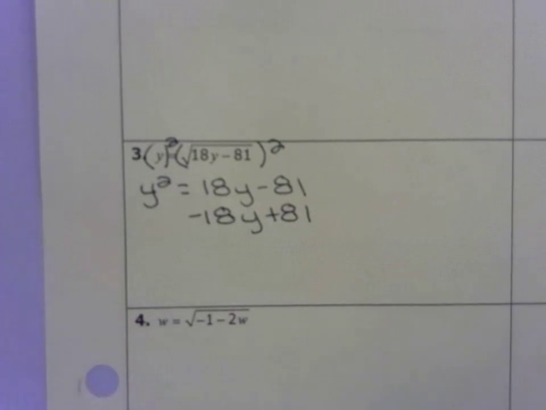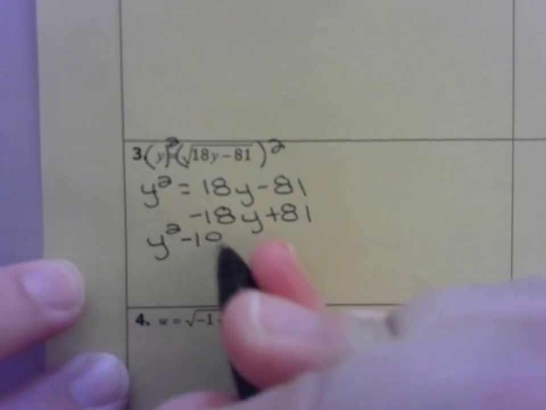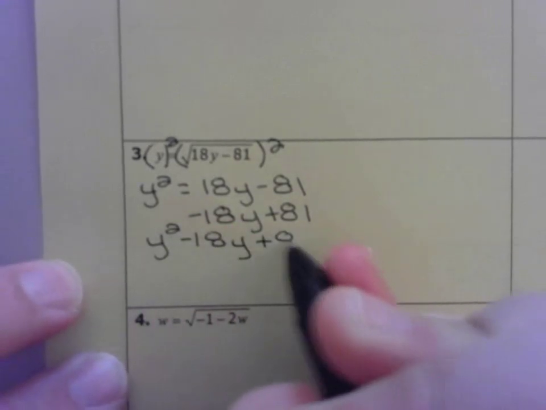I could also get it equal to 0 by subtracting y squared, but why do I want y squared to be positive? Because it's easier to factor. We can factor like on the warm-up, where you start with your 2 parentheses and do the shortcut. So always try to keep the number in front of y squared a positive 1. So I would have y squared minus 18y plus 81 equals 0.